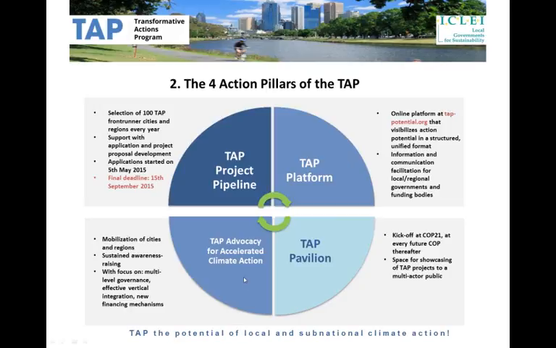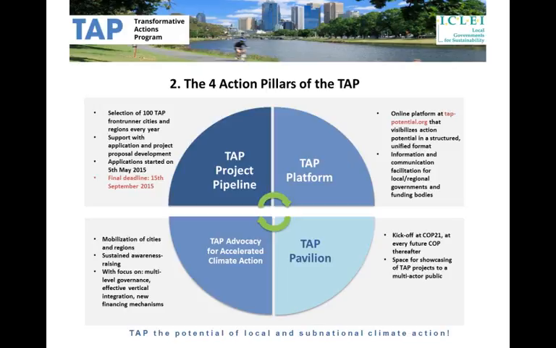And finally, the TAP Advocacy for Accelerated Climate Action. This will build on previous achievements in local climate advocacy and will diversify and strengthen it in various ways. Of course, this work will seek to raise awareness of the potential of transformative local climate action. It will seek, importantly, to deepen the dialogue with national governments, promoting effective vertical integration between different levels of government, and also reinforce the engagement with international and national funding bodies and development agencies.